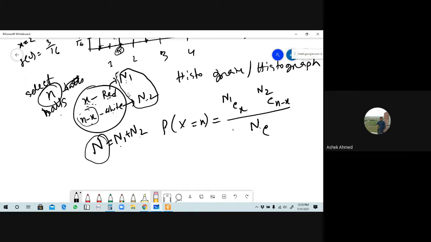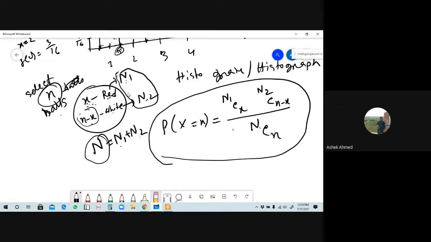So (n1+n2) C n, okay, this is the result for selecting n balls of which x will be red color.